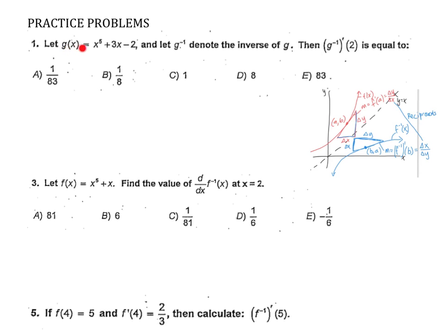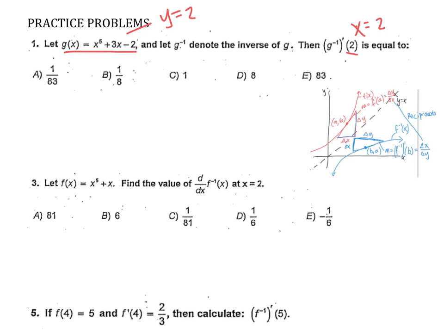Okay, we have a function g, and we have a function g inverse, the inverse of g. And we want to calculate the derivative of the inverse when x equals 2 on the inverse. So when x equals 2, that means that y is equal to 2 on my function.